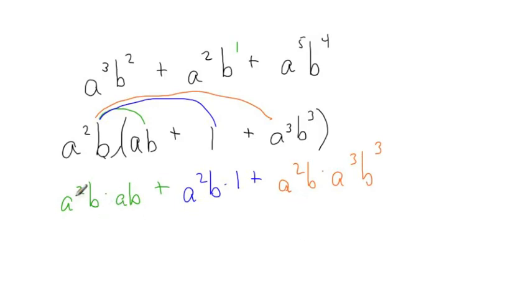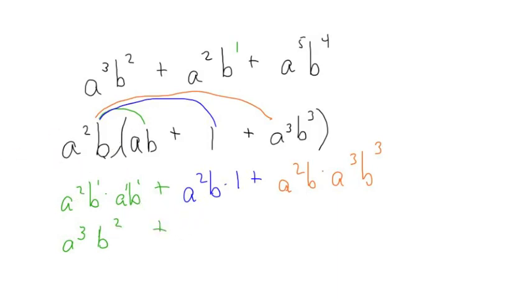Here we can multiply these term by term. The first term gives us a squared times b times a times b. I should multiply the like bases, and when multiplying like bases, add the exponents. A squared times a, this is actually a to the first. Anytime there's no exponent, you can write an exponent of 1. A squared times a to the first, I'll add the exponents to get a cubed. B times b, again I can put exponents up here. That'll be b squared.